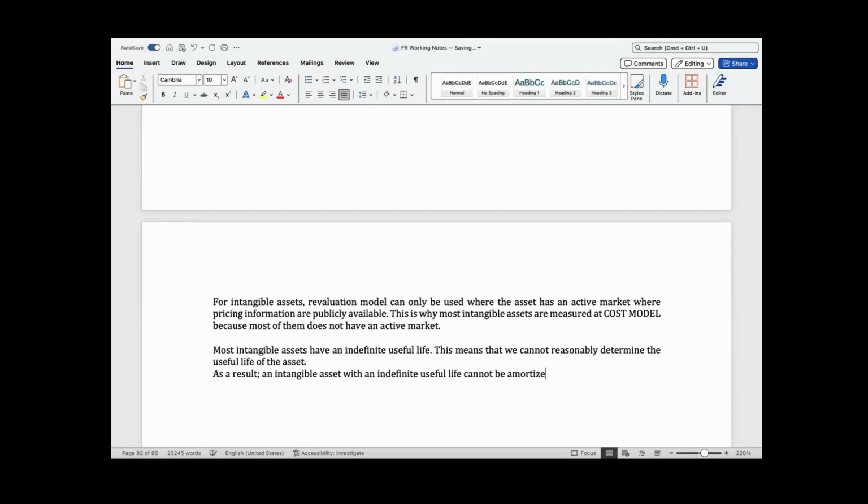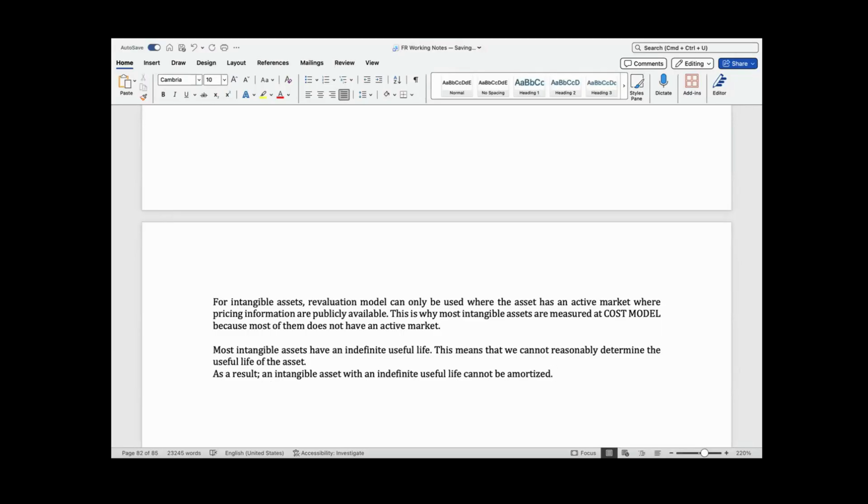Amortization is the term that replaces depreciation for PPE. Depreciation we use for PPE, but amortization we use for intangible assets. The same meaning, the same principle, everything the same, but they decided to call it amortization in this area.